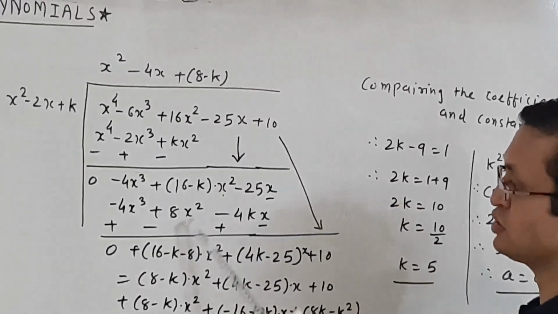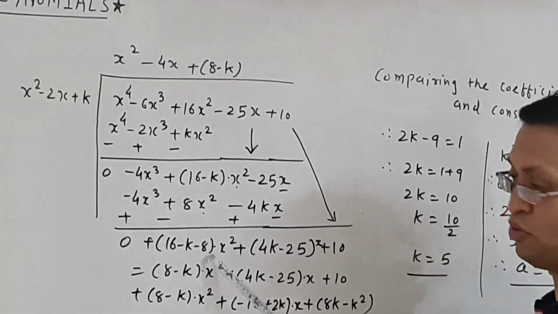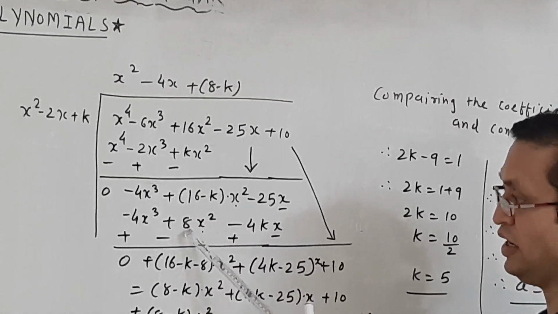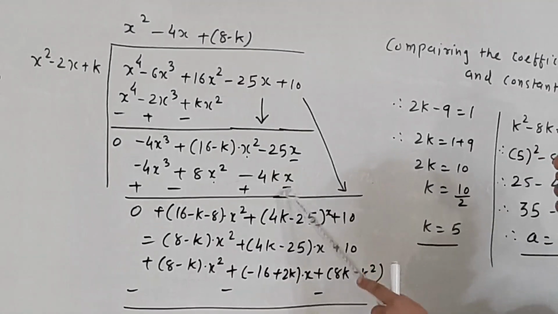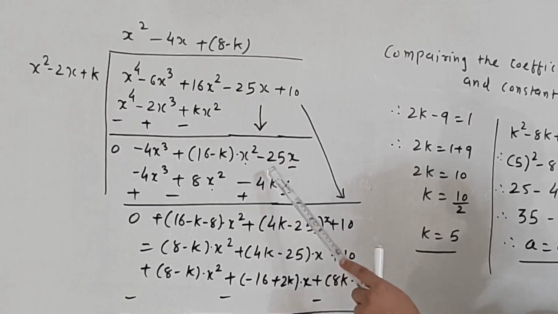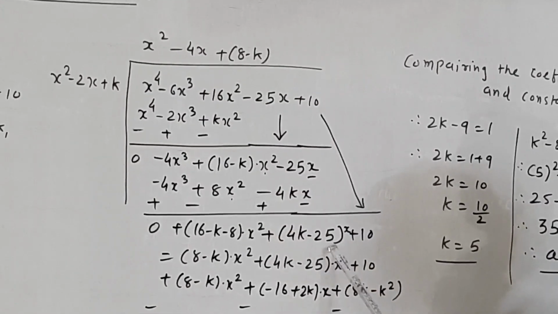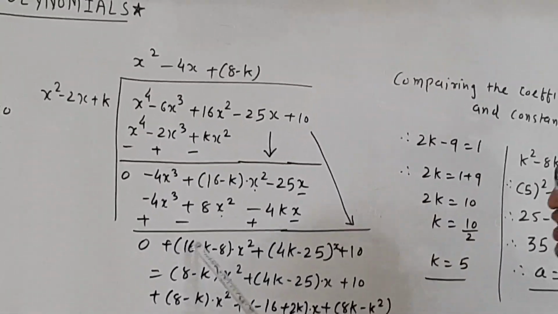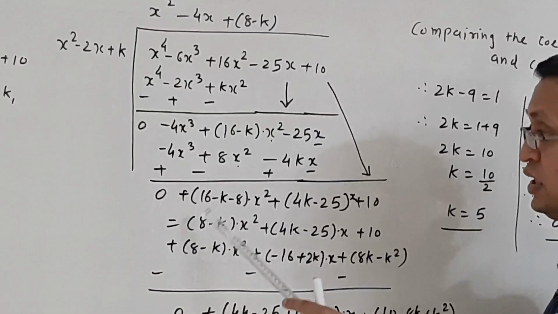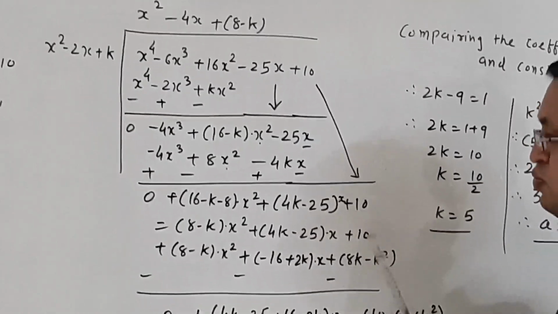Here x square is common: 16 minus k minus 8 into bracket x square. And again here x is common, positive 4k and minus 25. Therefore x is common: 4k minus 25 into bracket x, and 10 as it is. So 16 minus 8 is equal to positive 8, minus k, into x square, plus 4k minus 25 into x plus 10.